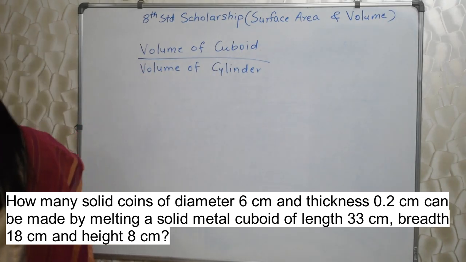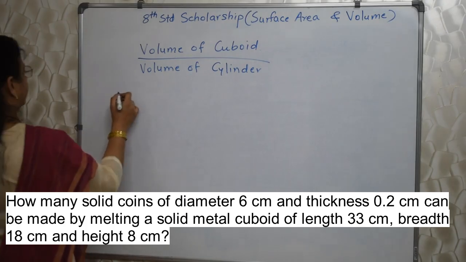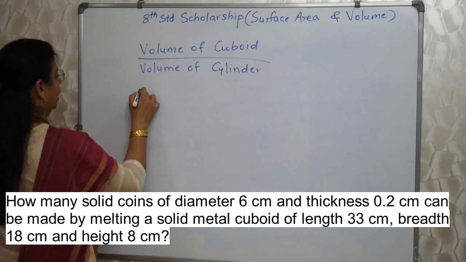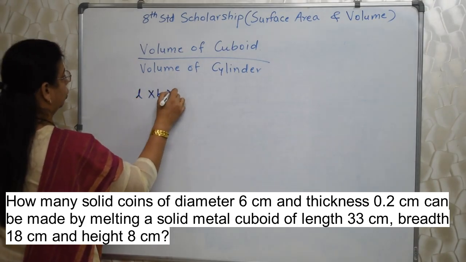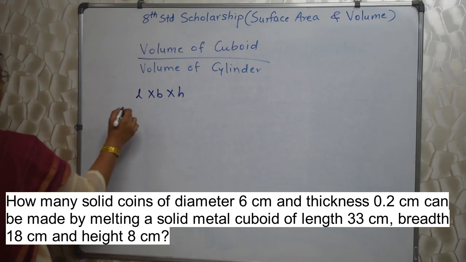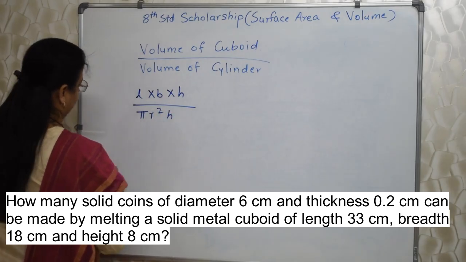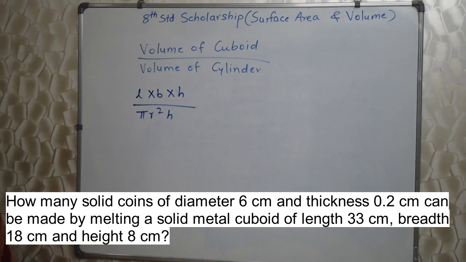Your formula will change. Here again you should know the formula of volume of cuboid, that is length into breadth into height, right? And the formula of volume of cylinder is pi r square h, right?